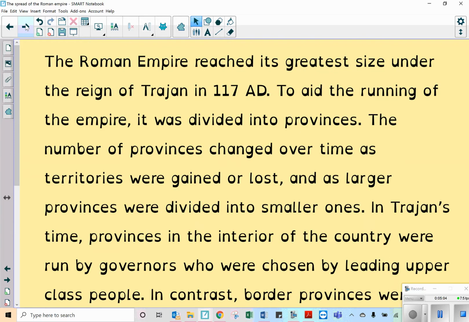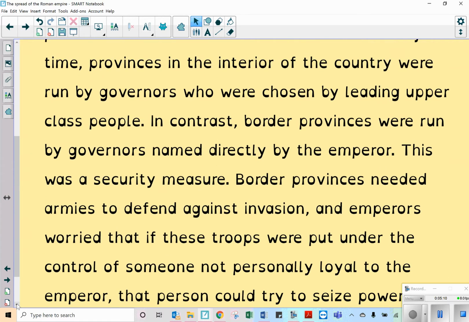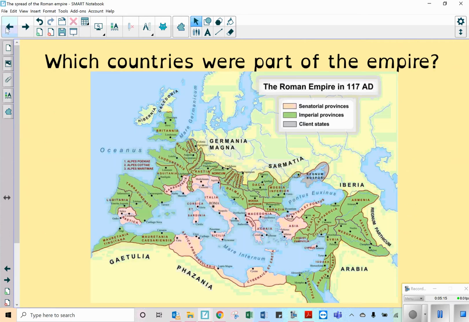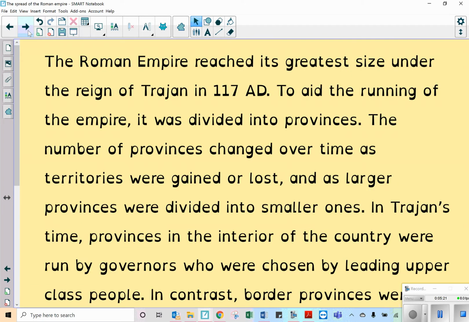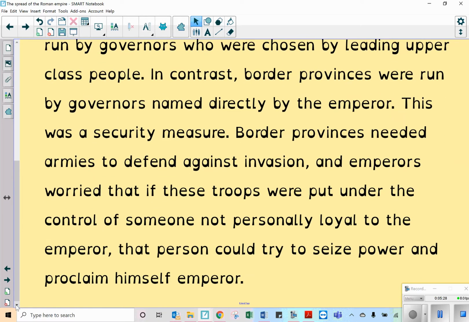In the time of the Emperor Trajan, the provinces in the interior of the country, the ones in pink, were run by governors who were chosen by the leading upper class people. In contrast, the border provinces, these green ones here, were chosen by the emperor himself, and there was a good reason for doing this. The emperor chose the governors of those provinces because it helped with his security.